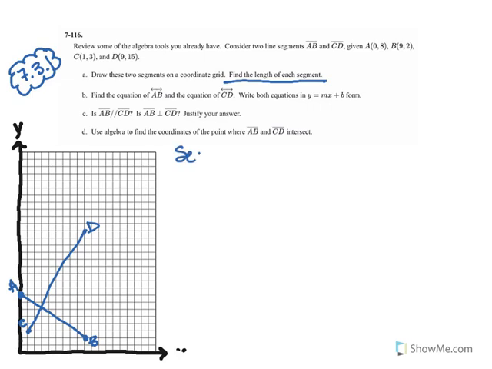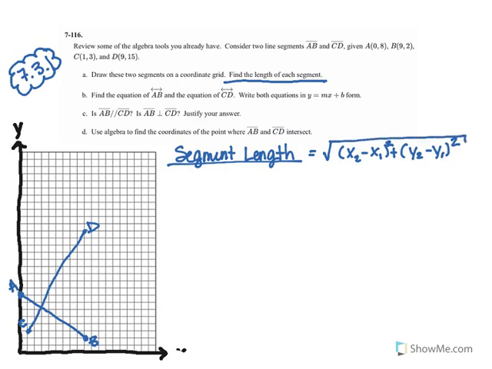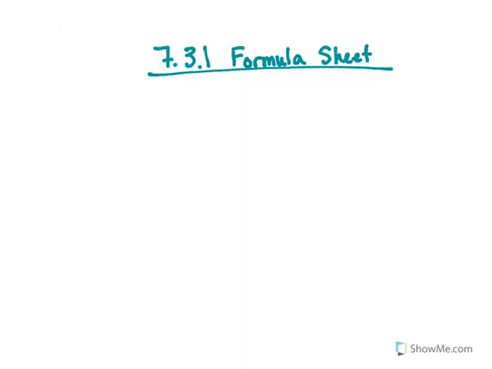The segment length is going to be the square root of (x2 minus x1) plus (y2 minus y1), and we're going to square each of these. This is just a review from algebra. This is something you should have learned last year in your algebra class, and we're going to add it to our formula sheet.